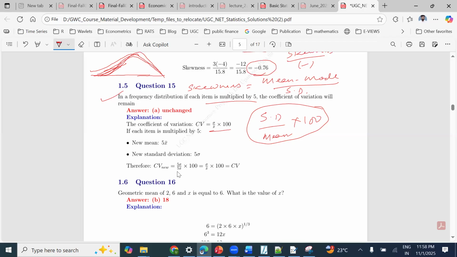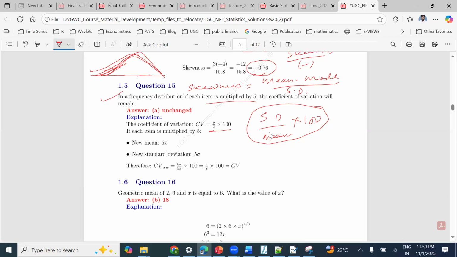Yes, you are correct, but I am not answering your question right now; I will come to that. Right now I am focusing on the definition of coefficient of variation, which is standard deviation upon mean into 100. It is a relative measure of dispersion, independent of the unit of measurement, not independent of change of origin and change of scale. I will come to that later on.